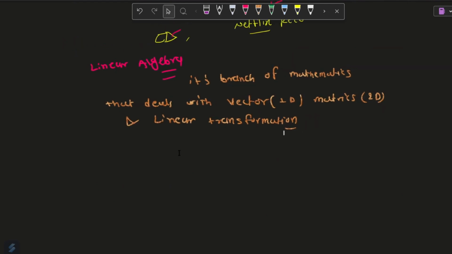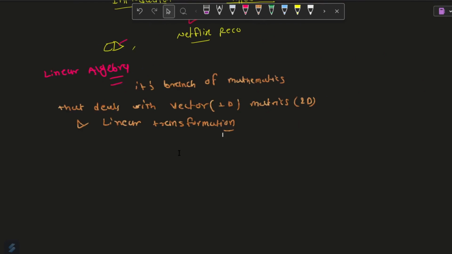Now, a real example. Imagine you have a smartphone with face recognition. You look at the face cam, they detect your face and unlock. This is basically using a matrix.